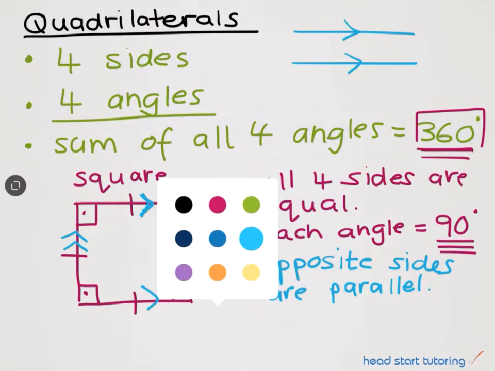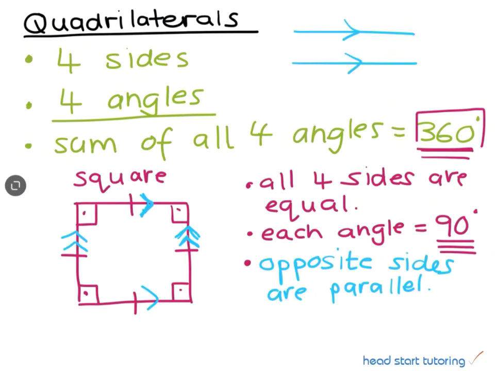Now we want to have a look at something else called symmetry. How many lines of symmetry does our square have? Now a line of symmetry is a line, so let me draw one of these lines. I'm going to do it as dotted lines. A line of symmetry is a line on which you can fold that square in order to get a mirror image.